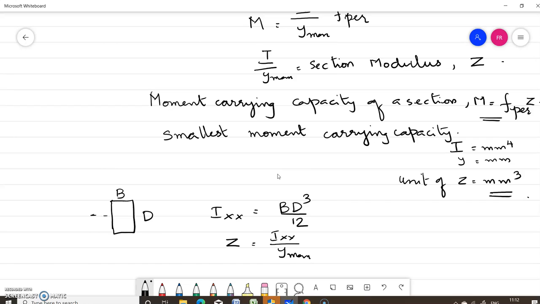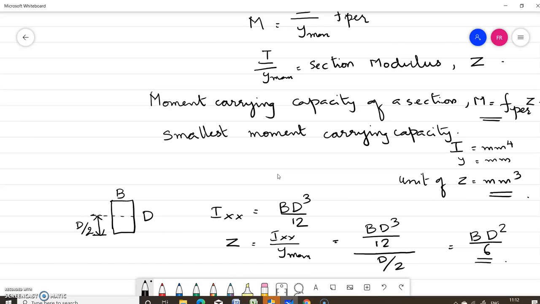Y max is the distance of the neutral axis from the extreme fiber. Both the fibers will be at the same distance from the neutral axis. Because the neutral axis coincides with the centroidal axis, you can write this as d by 2. So the equation becomes b d cube by 12 divided by d by 2, which is equal to b d square by 6. So this is the value of Z.